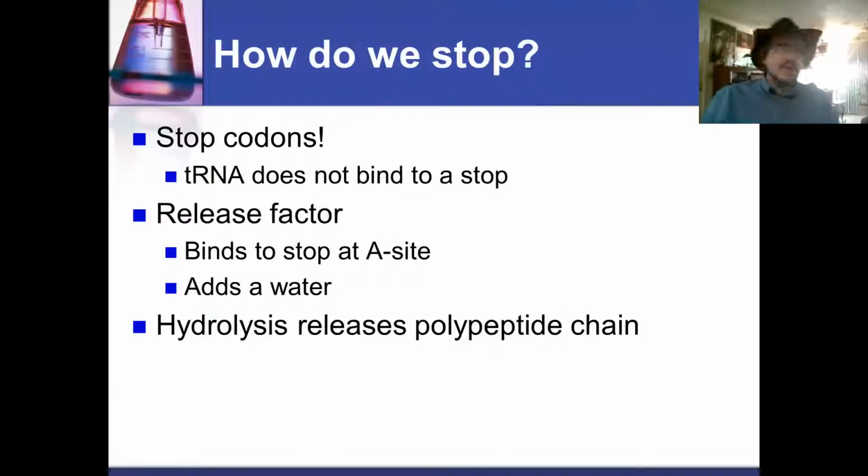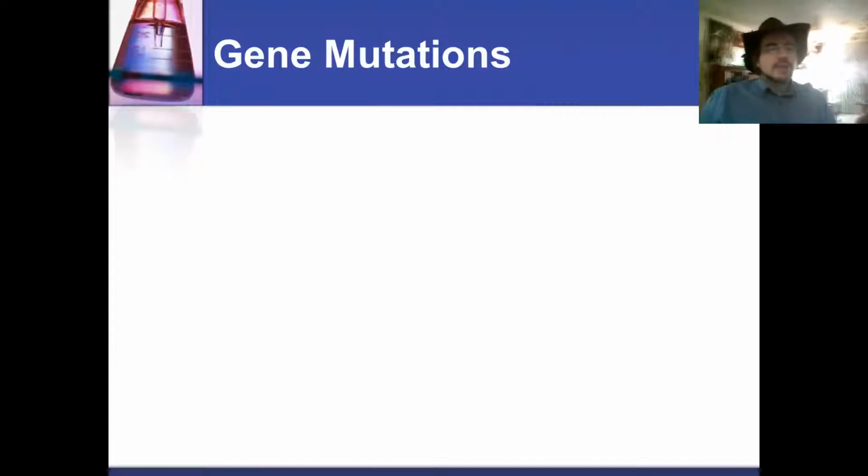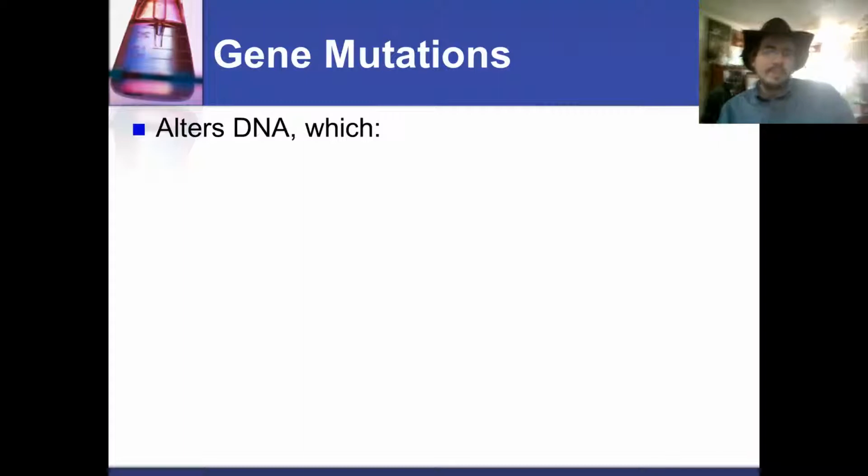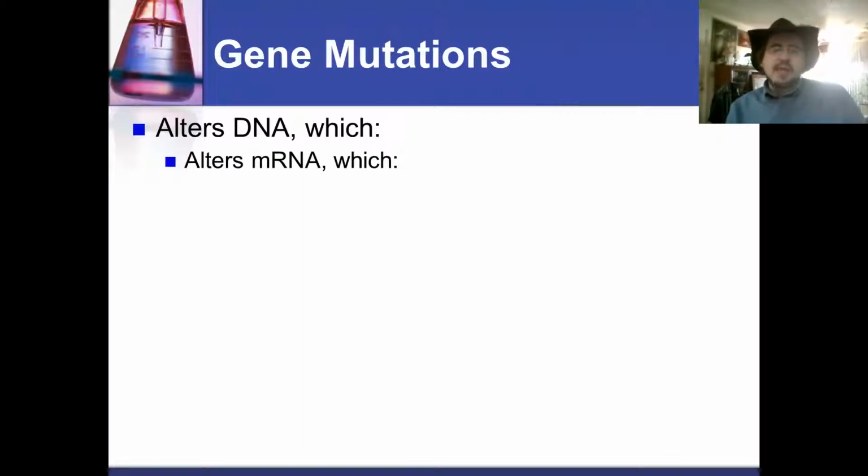So there are a few ways transcription and translation can be messed with, and that's gene mutations. Now, gene mutations occur in the DNA, in the gene. And if you alter DNA, you alter mRNA. And if you alter mRNA, you alter the protein.